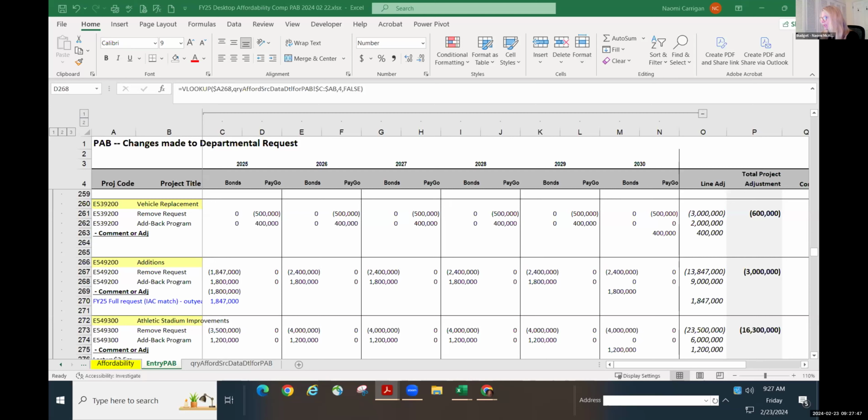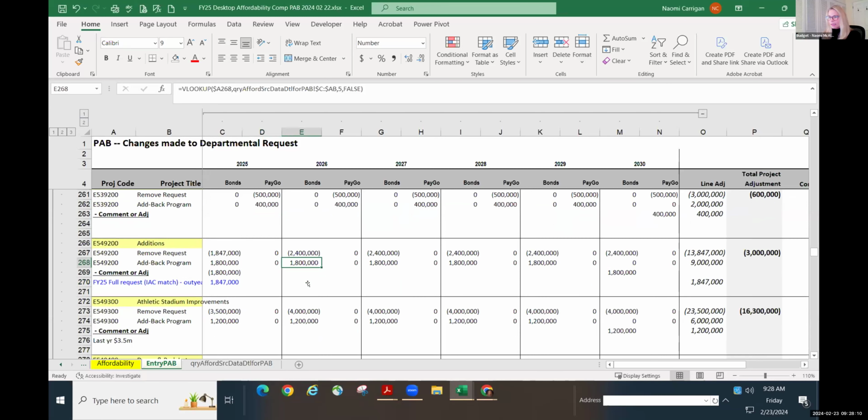The IAC funding contribution is 2.153, which would provide them a total funding of $4 million for additions. So this is just what it's going to cost the county. So fund current year and take out the out years. Back to plan. Okay.